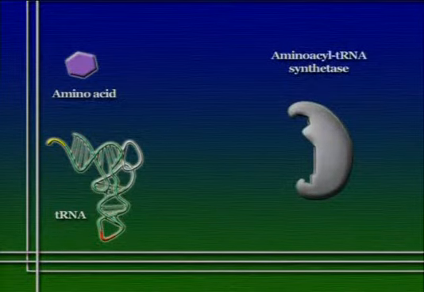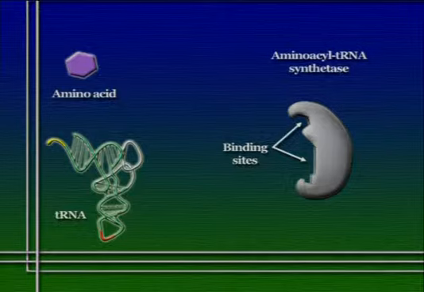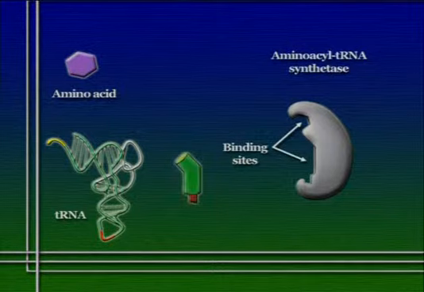The way it does it is by having two separate binding sites, the aminoacyl tRNA synthetase. One binding site is specific for a particular transfer RNA. Now remember, the way that proteins function largely has to do with structure.